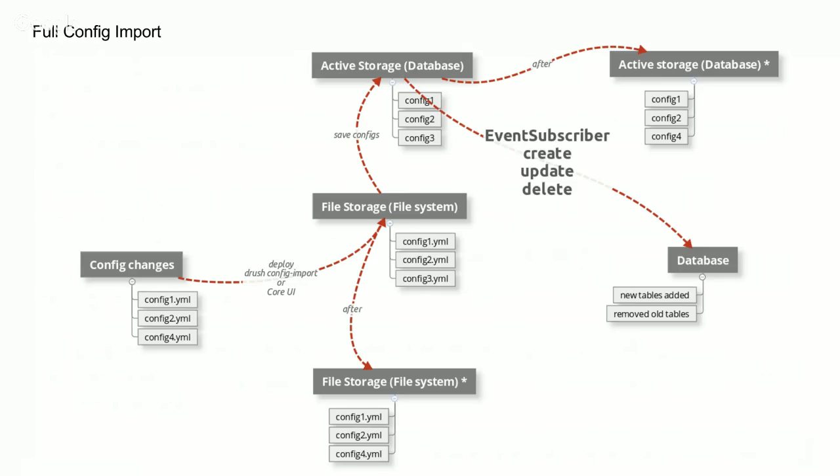Core makes a diff between active storage and file storage. If there are configs in active storage that are not in file storage, core thinks of them as to be deleted. If there are configs in file storage that are not in active storage, core thinks of them as to be created.